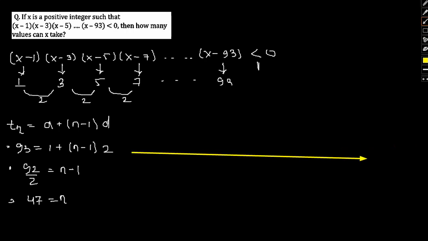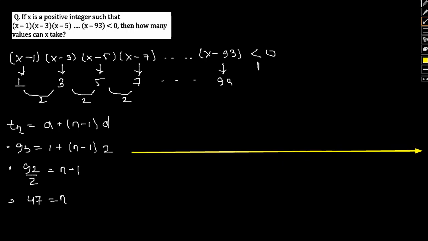Now let me draw a number line again. Here I'll start with 1, 3, 5, 7, 9, 11, dot dot dot, and everything will continue till finally 91, 93. Since it started off with less than, I'll place a cross here, tick here, cross here, tick here, and it goes on. At the last one I'll place a cross.